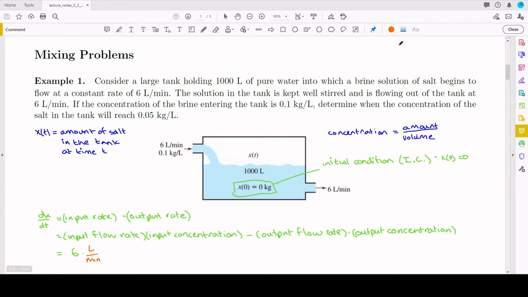So we multiply this by 0.1. Input concentration was in kilograms per liter. And then from that, we subtract the output flow rate. How fast is the water flowing out? So that's 6, and that's also in liters per minute.